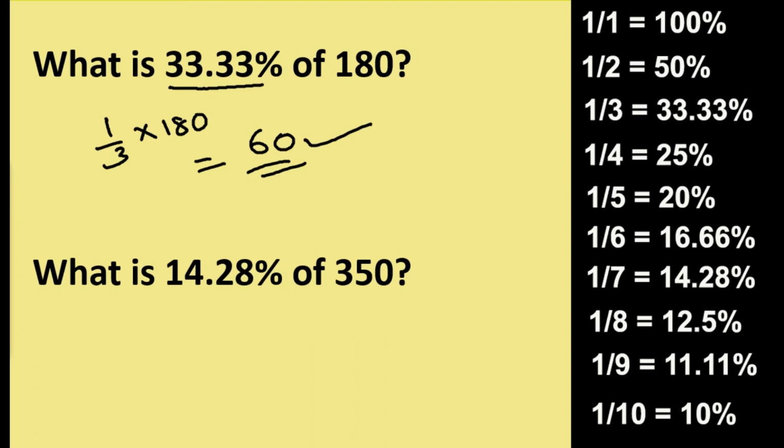Let's try another problem. What is 14.28 percentage of 350? Instead of the elaborate method like 14.28 divided by 100 into 350, you know 14.28 is 1 by 7, so it's 1 by 7 into 350, which simplifies to the answer 50.